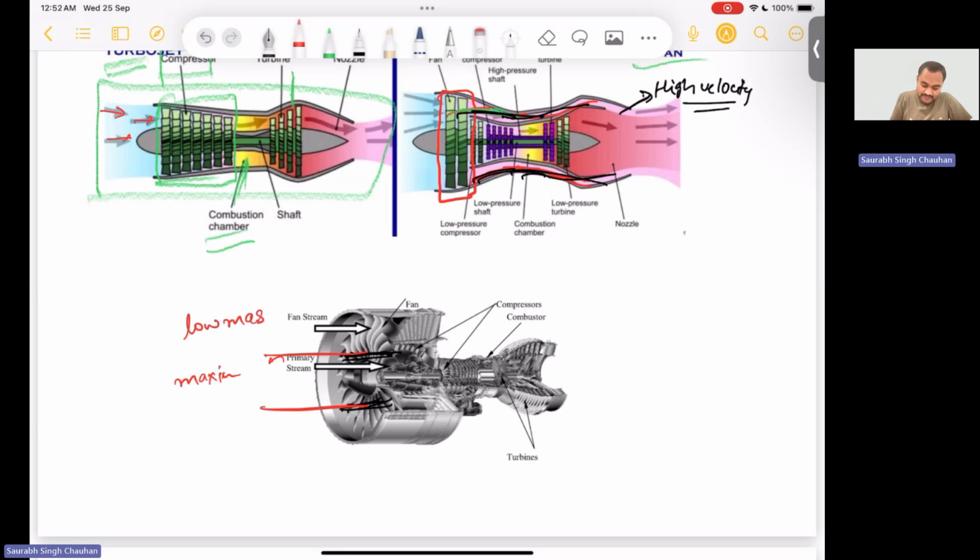So in the fan stream the mass flow rate is low, and in this primary stream it has more mass flow rate.